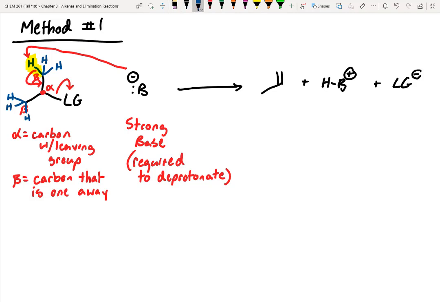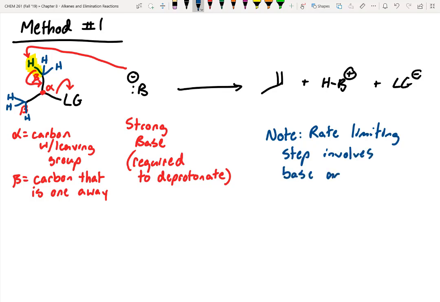So let's make a note here that the rate limiting step involves the base and our reagent with the leaving group. What does that tell us about the reaction order? Is it going to be first, second, or third? What do you think? Second order reaction.